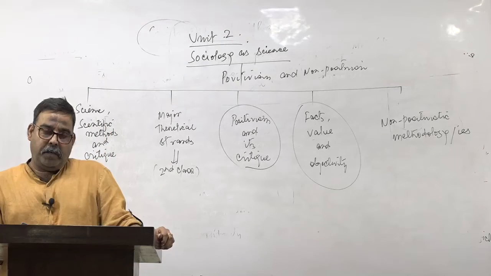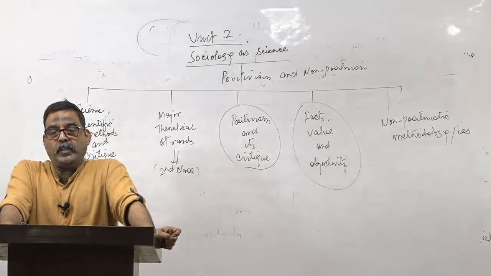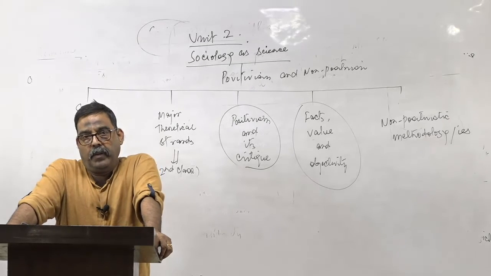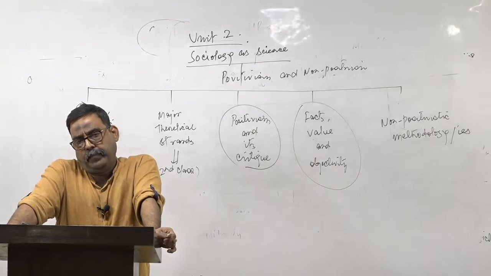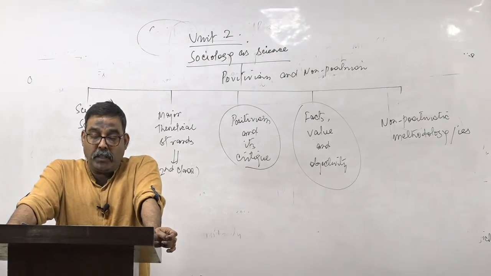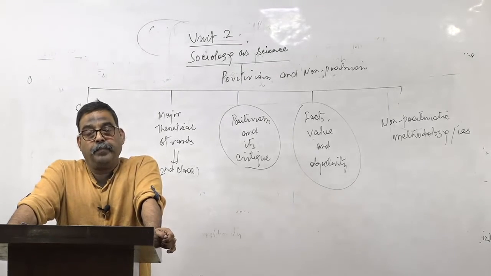I always say the sociology which was baptized by Auguste Comte was given its theoretical dimension by Herbert Spencer, who focused on biological evolutionism. However, Emile Durkheim, on the basis of methodology, established sociology as a science with a positivistic orientation.